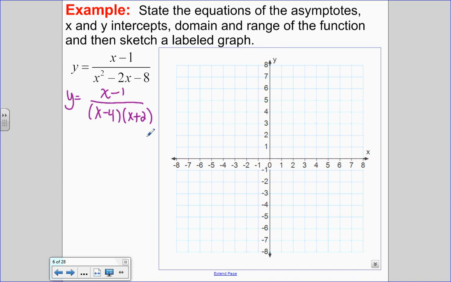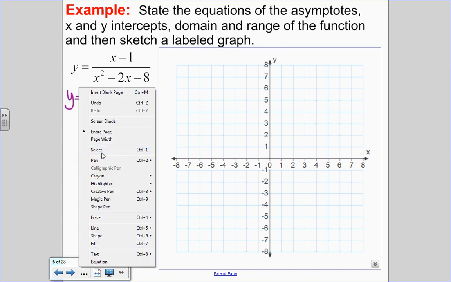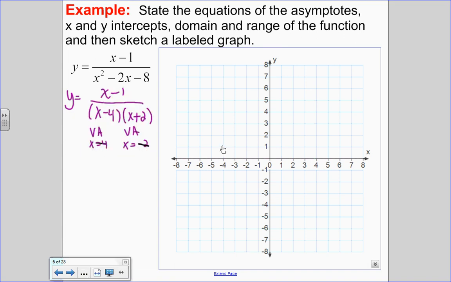So looking at this, I can see that I have a vertical asymptote at x equals 4, and I have a vertical asymptote here of x equals -2. So I'm going to put both of those on the graph to start. So vertical asymptote at -2 and vertical asymptote at +4.